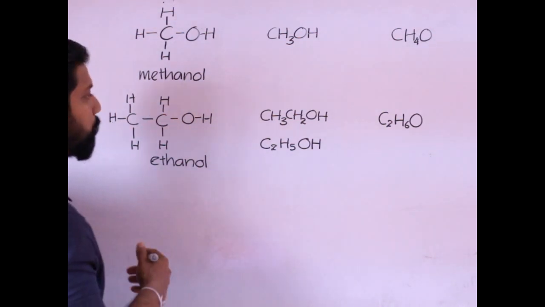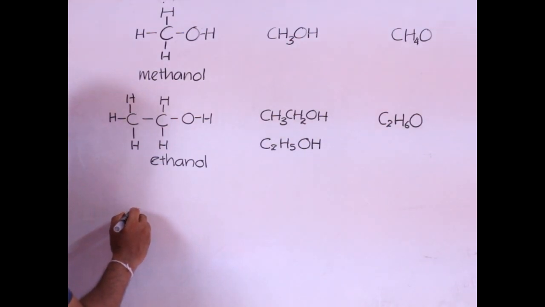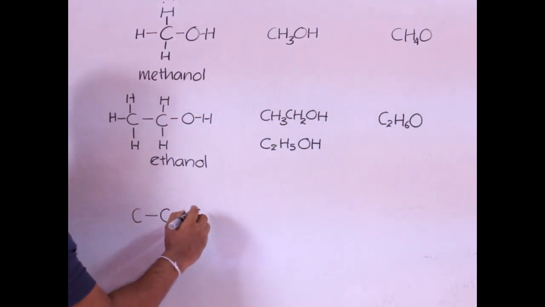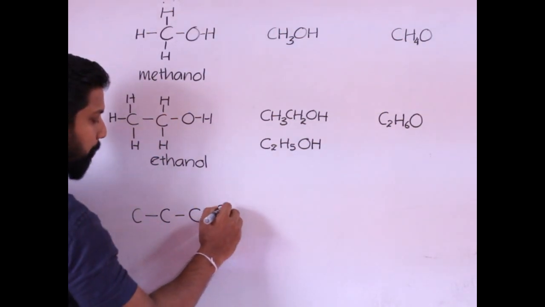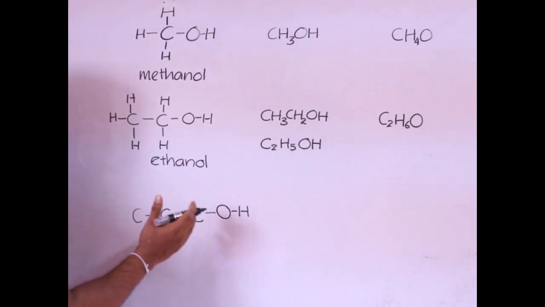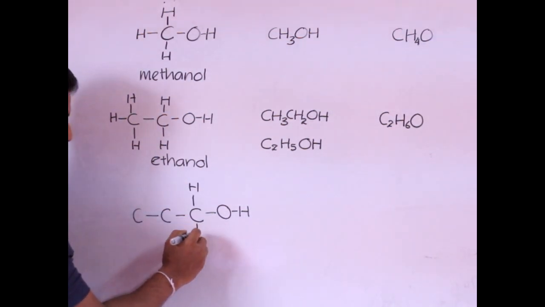Let me show you how to do it for propanol. First we draw the three carbon atoms because it's propanol, and place the OH group at one of the two corner carbon atoms and place the hydrogen atoms.